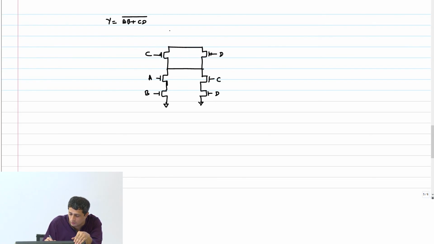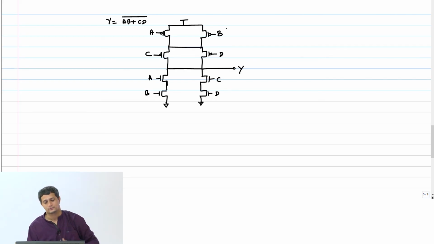I'm shorting these two. A and B. This function is AB plus CD whole bar.